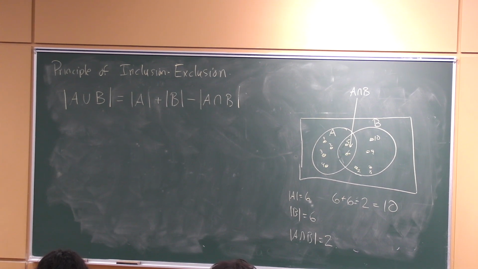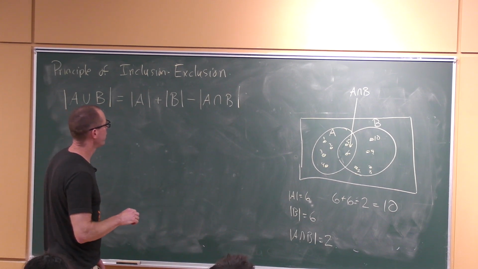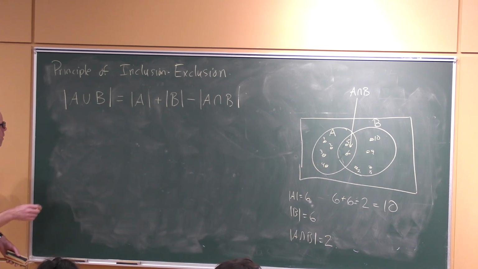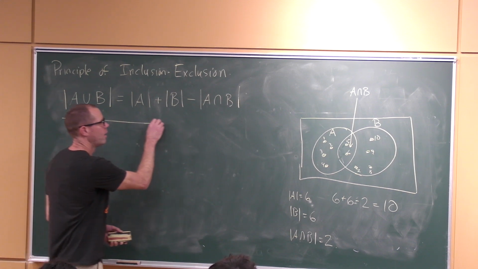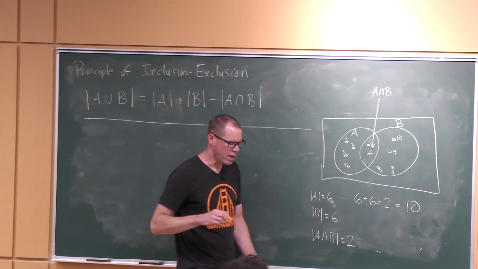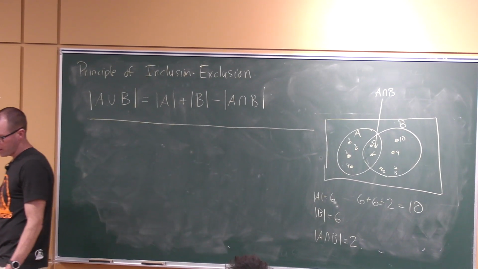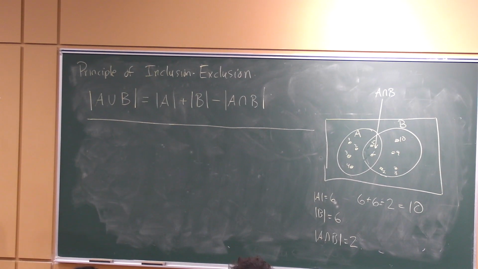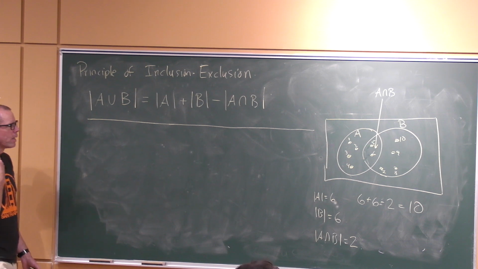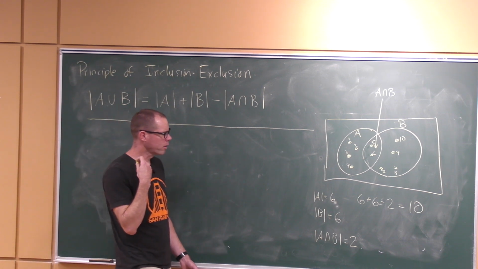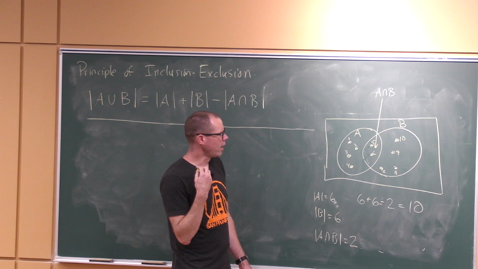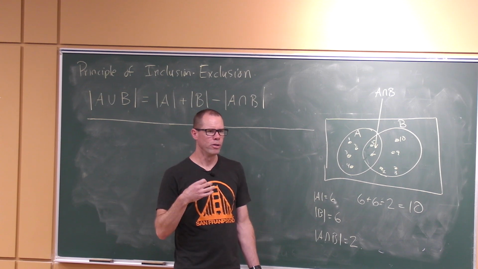So the answer is it gets messier. And I think for now we will only see the 2 and 3 set version of this thing. The multi-set version is not significantly more complicated. It's just you hardly ever use it fully.